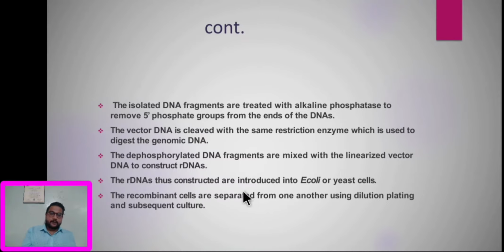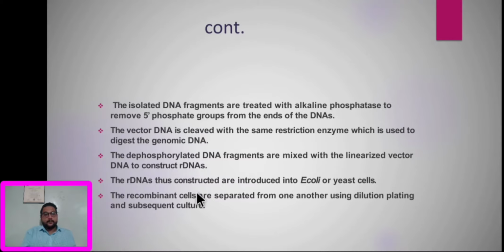Most of the time the yeast cell used is Saccharomyces cerevisiae or Saccharomyces boulardii. Candida albicans is also used in some cases, and E. coli is the most popular organism used for molecular biology experiments and recombinant DNA experiments.